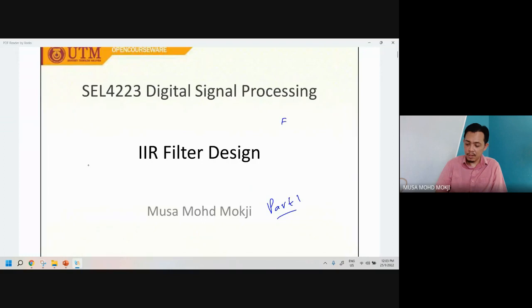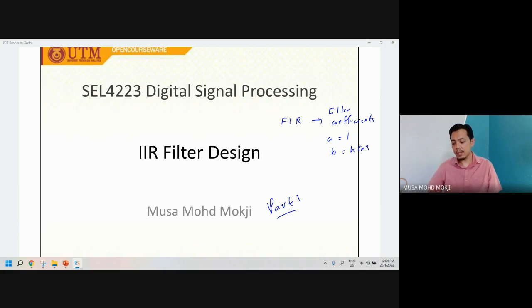So FIR, in terms of filter coefficient: A is equal to 1, fixed. And then of course we will have B, which is equal to h[n].